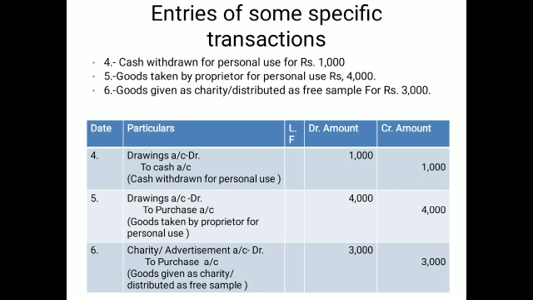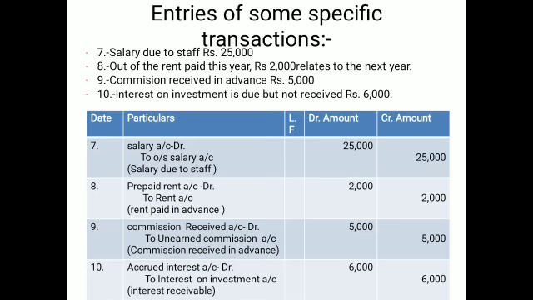In the same way, distribution of free samples is called advertisement. So if the goods are given, again it is a loss, purchase will be credited and the advertisement will be debited. So you have to understand when any item has to be withdrawn from the goods already you have to credit the purchase.